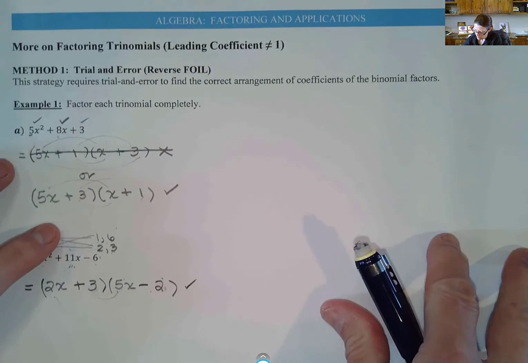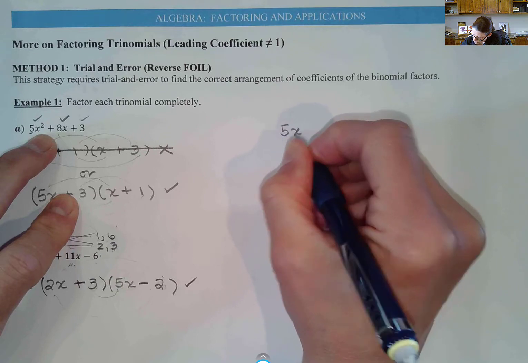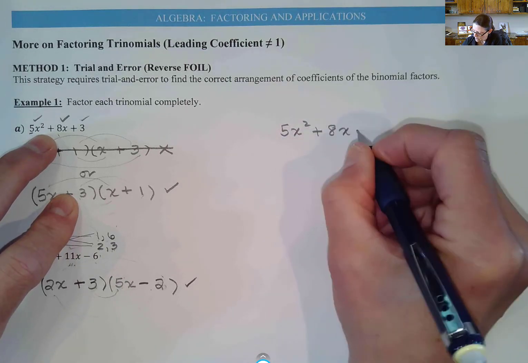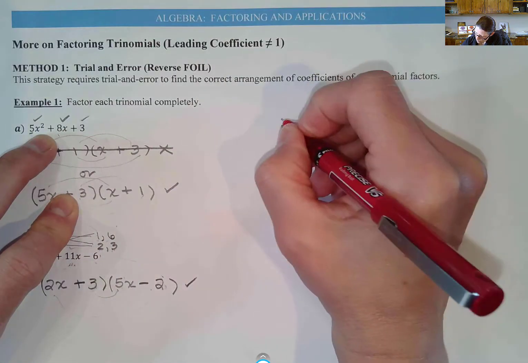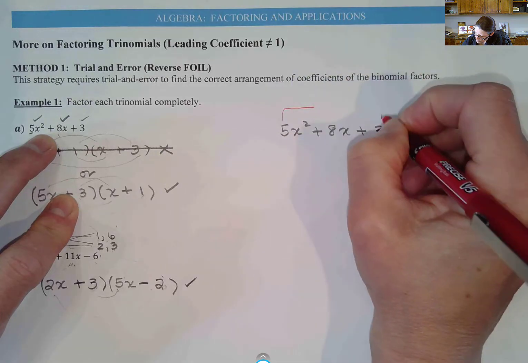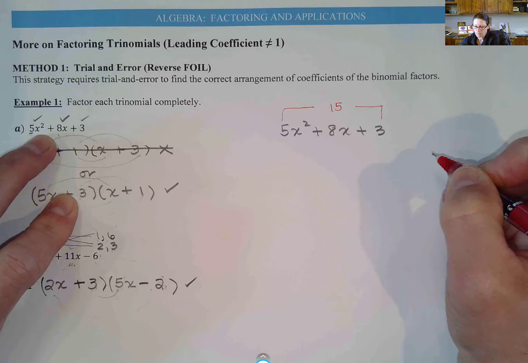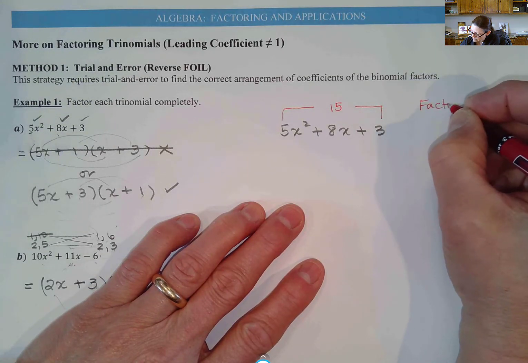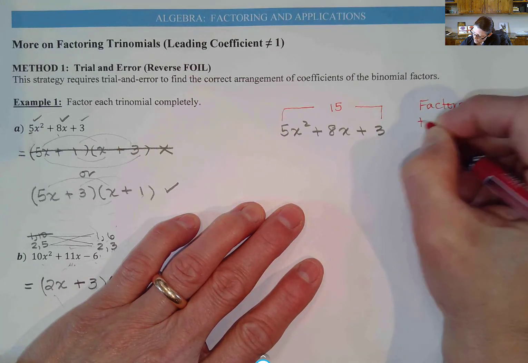So I'm going to come right back to 5x squared plus 8x plus 3. Now, step 1, we're going to multiply these outer coefficients. 5 times 3 is 15. Now we want to find factors of 15 that sum to 8.